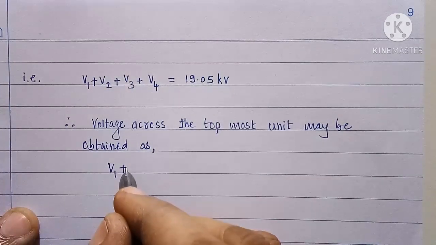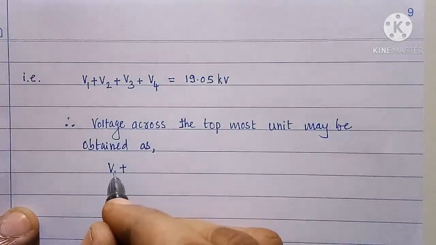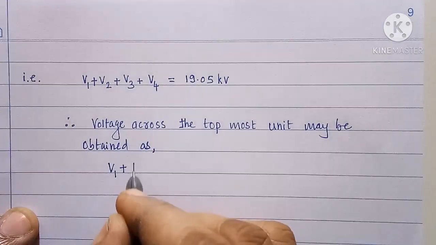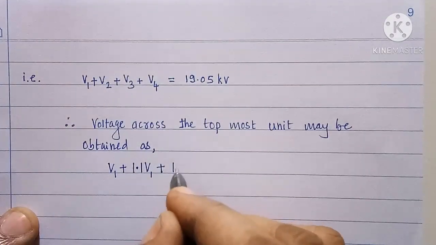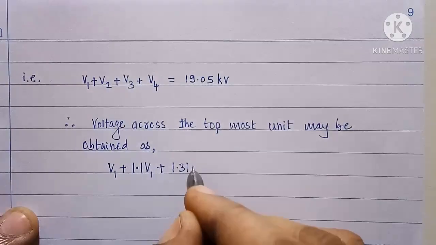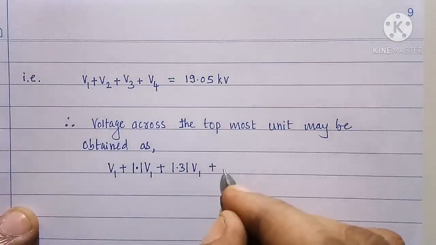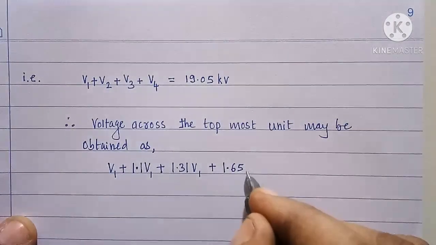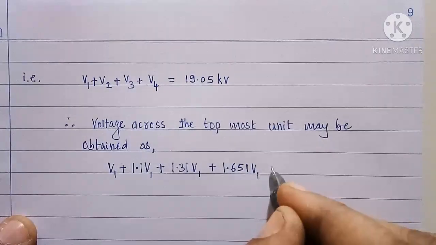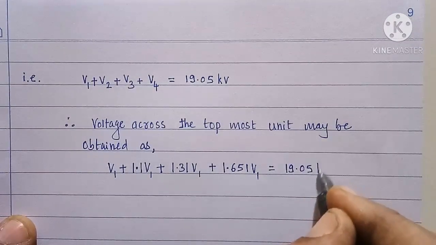Here I will substitute for V2, V3, V4 in terms of V1. V1 plus 1.1 V1 plus 1.31 V1 plus 1.651 V1 equal to 19.05 kV.